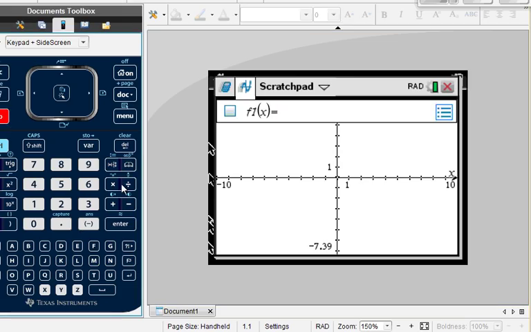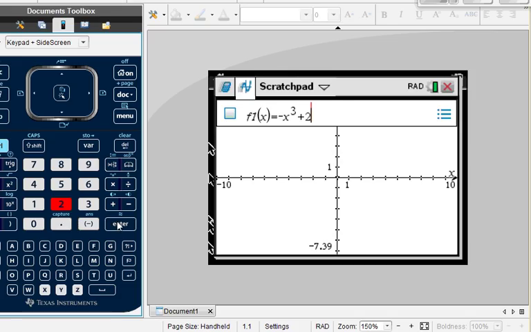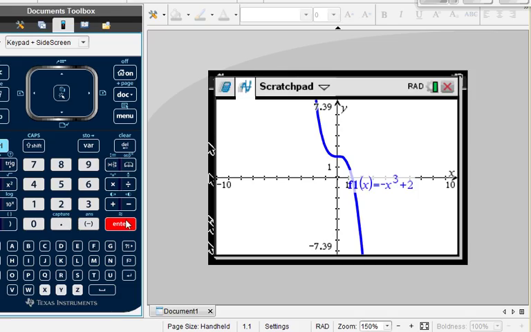Plug it into the graph, and we have a calculator that doesn't want to cooperate. There we go. Negative x cubed plus 2.